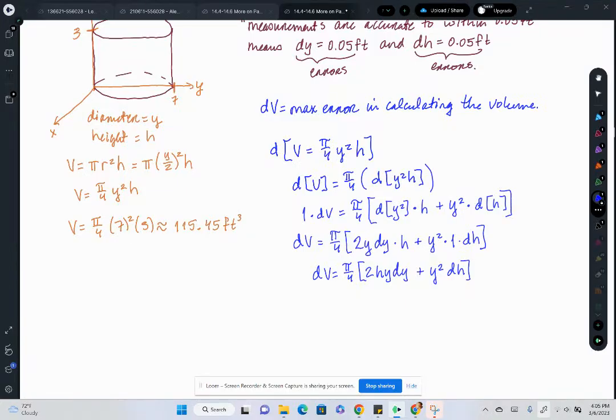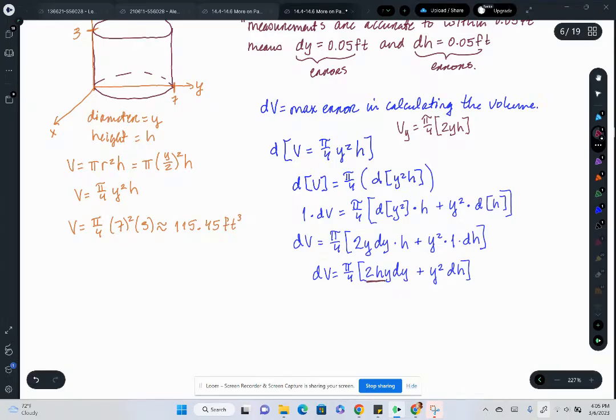Now, what I want us to do really quick is look at v equals pi over 4 y squared h, and calculate, what is v sub y? Well, v sub y, we would pull the pi fourths out to the outside, and it would be 2yh. That's what we have right here.